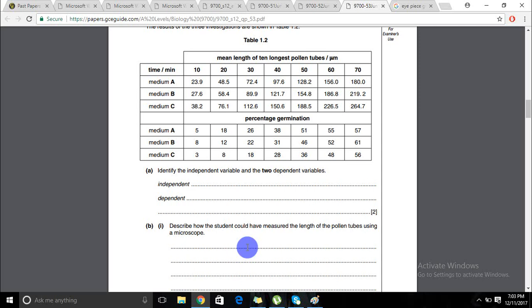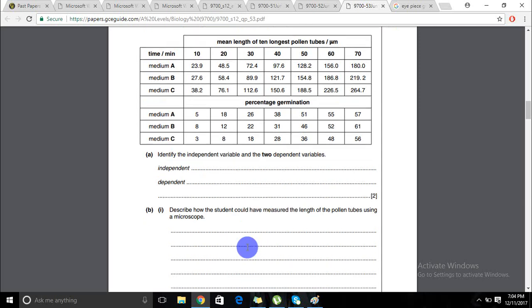For example, a particular region of the slide under the view of the microscope, and the number of pollens per view would not be the same, and that is why we take percentage germination, to take into account the fact that the number of pollens per view is not the same.